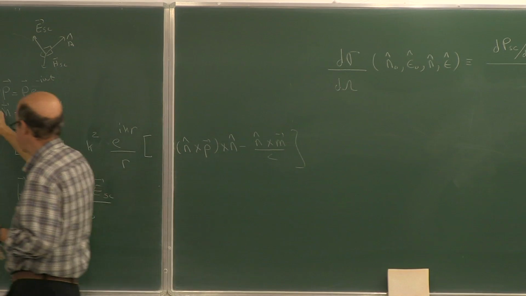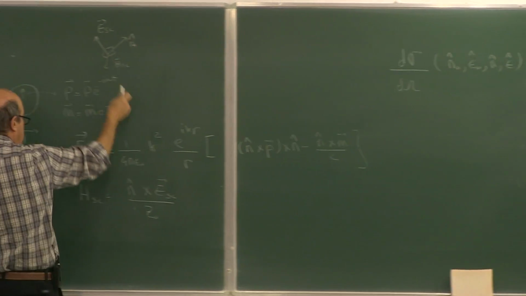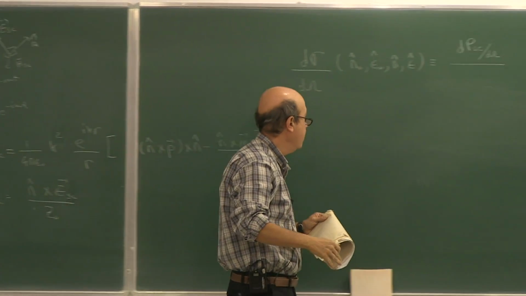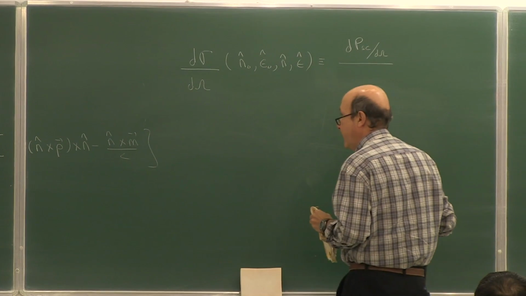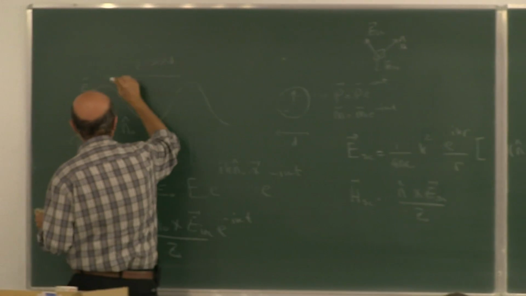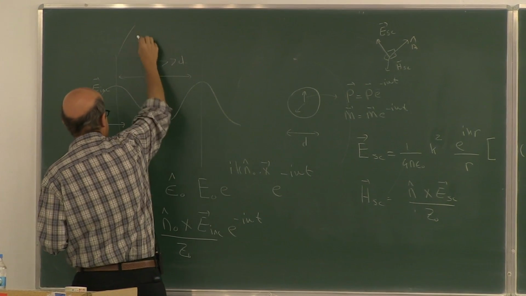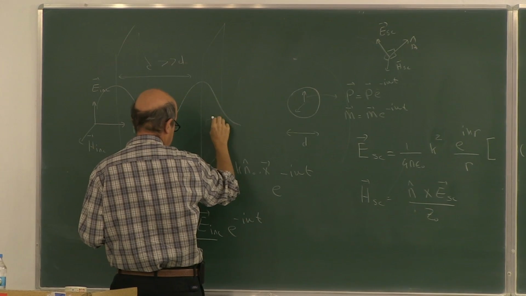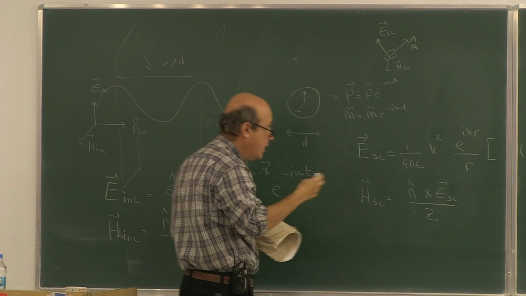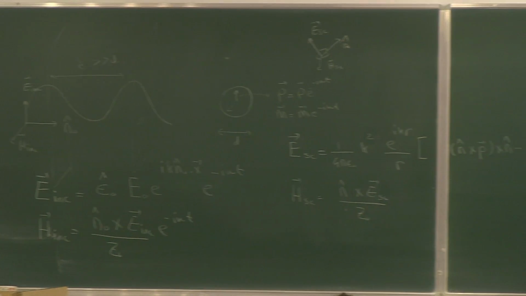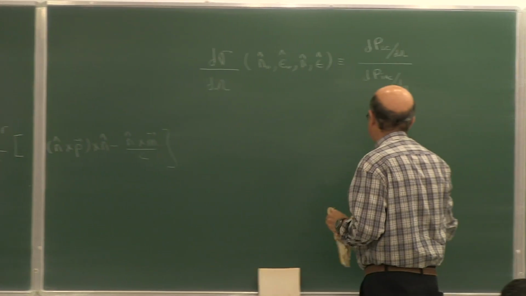emitted per solid angle of the scattered waves. The scattered waves are distributed through all solid angles, and the incoming waves are plane waves that have power per area. So you can define an area element, and through that area you can calculate the power per area, that is P incident per area.